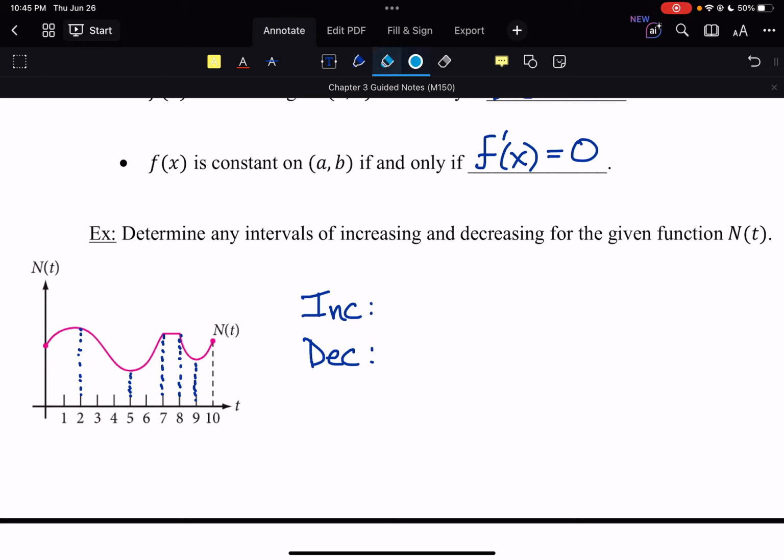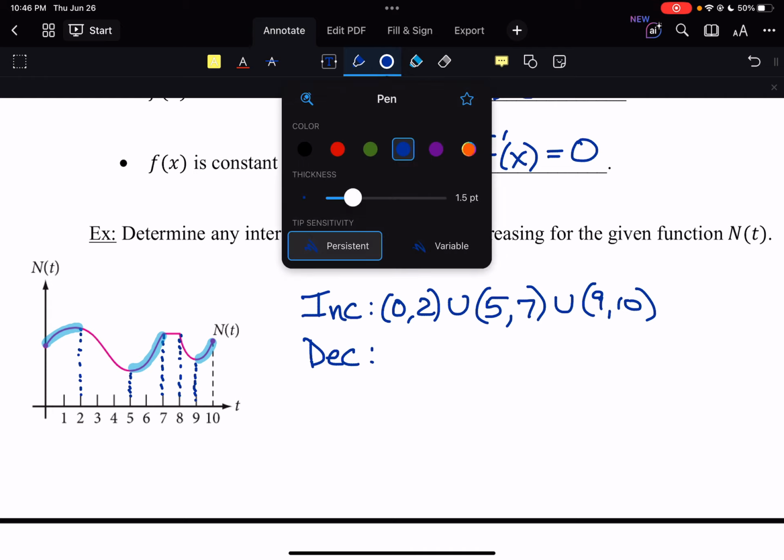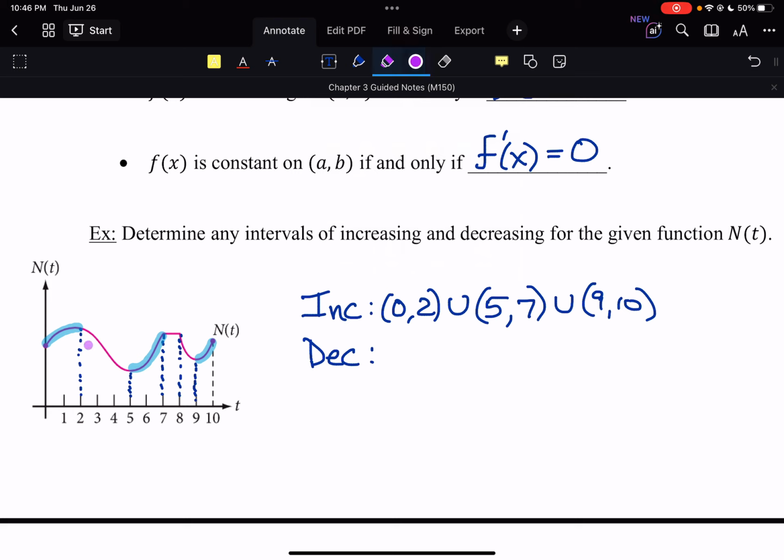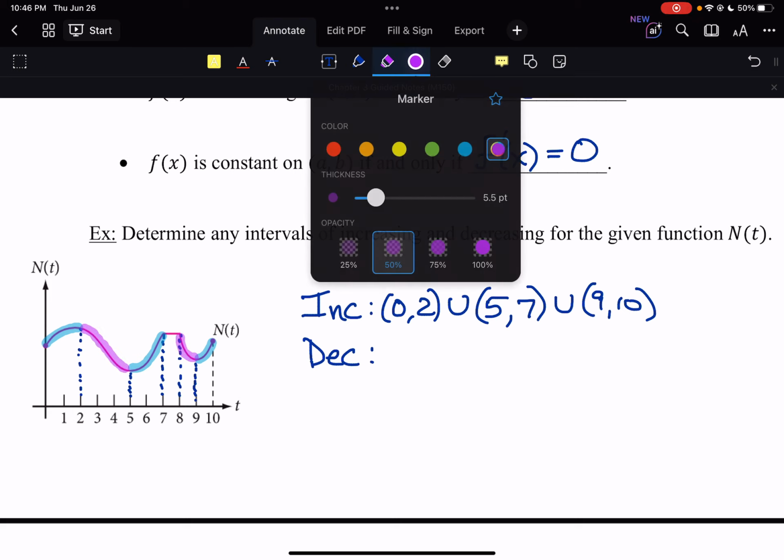So for increasing, that's going to be here to here, here, and here. So that's going to be 0 to 2, 5 to 7, and 9 to 10. Remember, these are intervals, not points. And then decreasing, there and there.